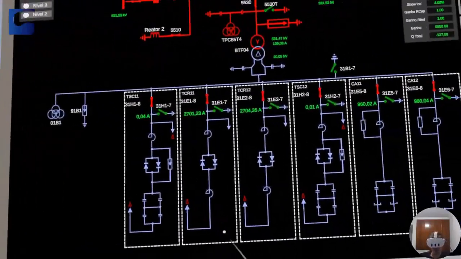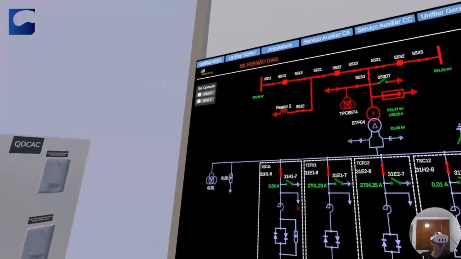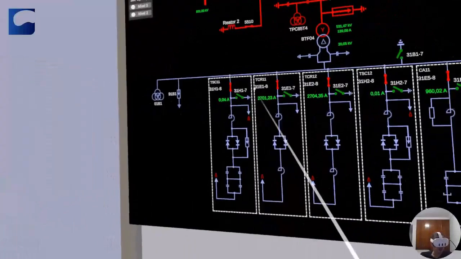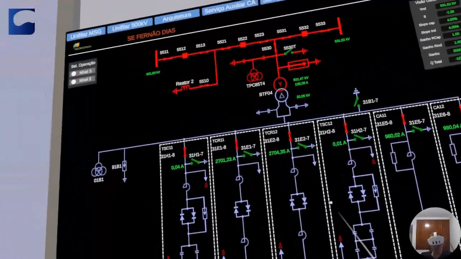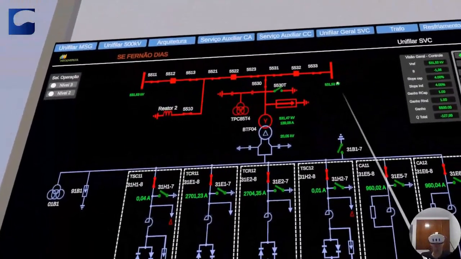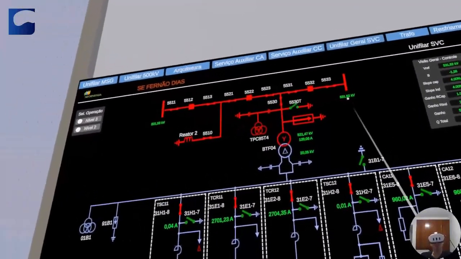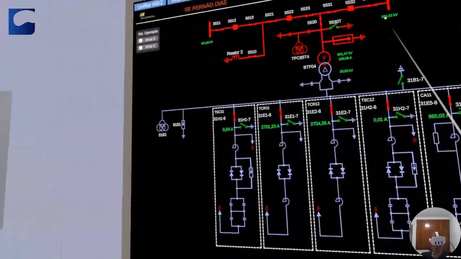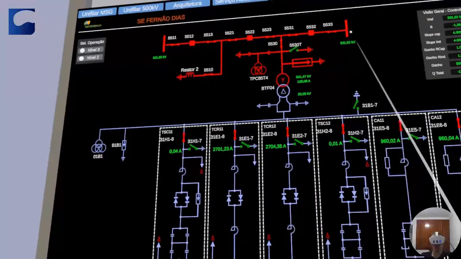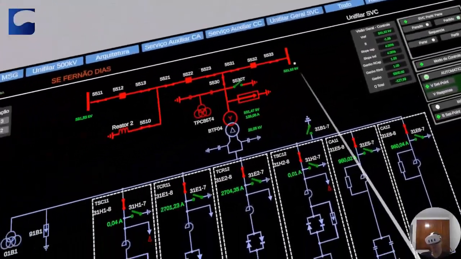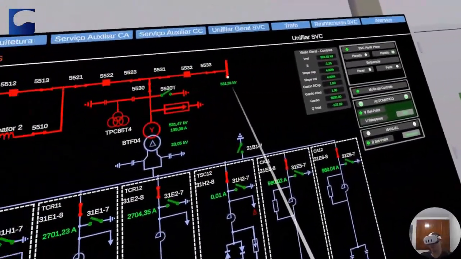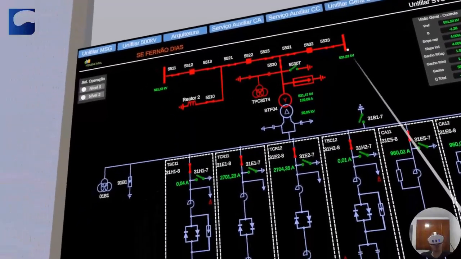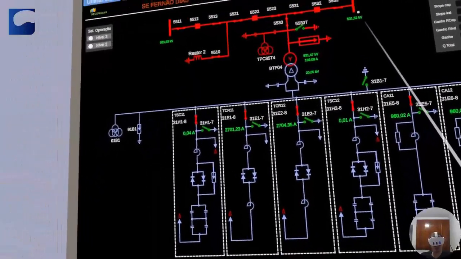What is static compensation all about? The static compensator, which is this whole assembly here, is a piece of equipment whose function is to keep the voltage at the bus bar at a certain predetermined value. In other words, we set a set point and it will maintain the voltage. It also has another control mode, the reactive power control mode.